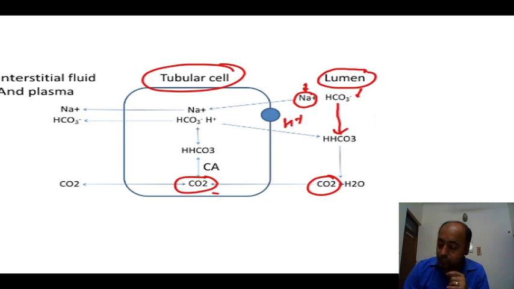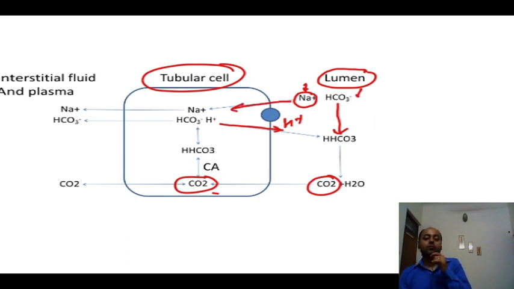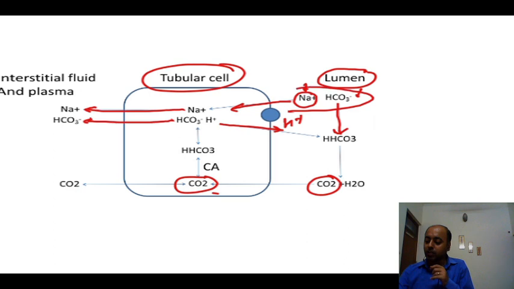The H plus is used for exchanging another sodium. What is happening? There is a recirculation of H plus. But the bicarbonate, which was taken up as CO2, is then transported into the interstitial fluid by sodium. So by this mechanism, the sodium and bicarbonate both have been absorbed. This is called the reclamation of bicarbonate. This is number one, first mechanism, reclamation of bicarbonate.